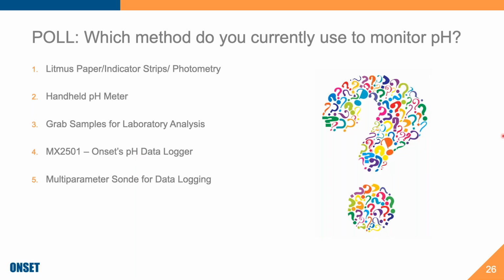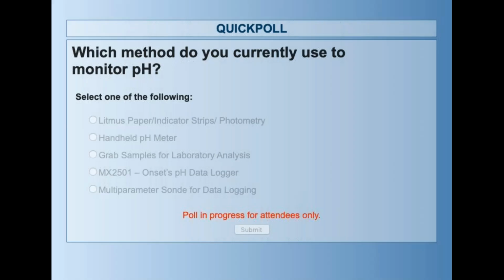Okay, here we are. We are at our next poll. Which method do you currently use to monitor the pH of your system? The options here are litmus paper, indicator strips, photometry, or a handheld pH meter, or maybe you grab samples for laboratory analysis that you take back to the lab.